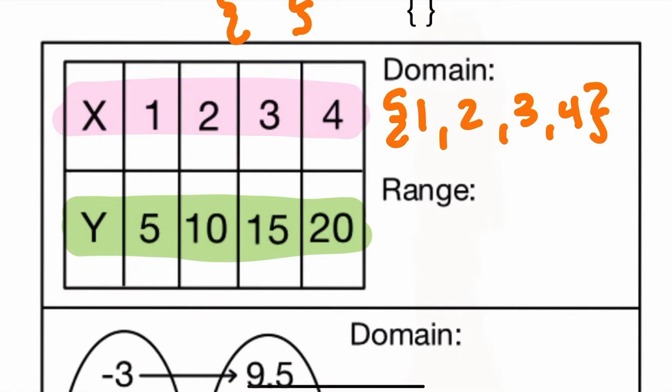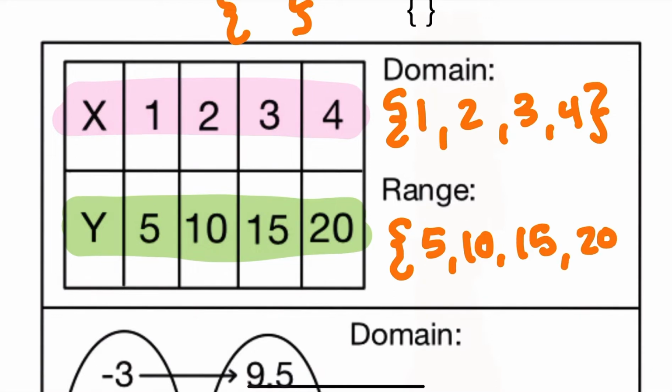And that's all I have to do. I'm basically just saying, here are my inputs and here are my outputs. One is called the domain and one is called the range. So for the range, again, I'm going to take my curly brackets as best as I can draw them. And I have my y values going into this list. So that's 5, 10, 15, and 20.